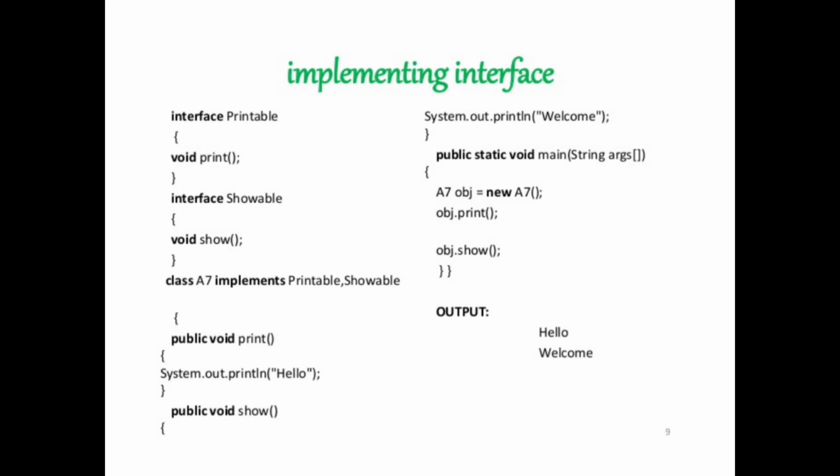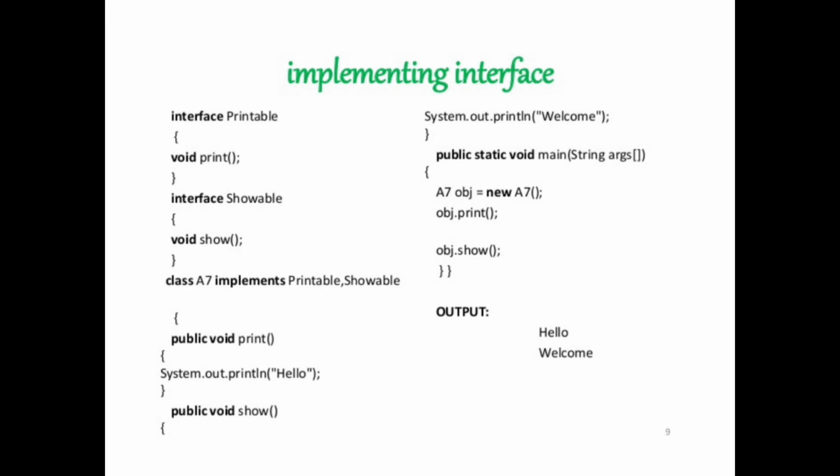So, implementing interfaces example. Here I am writing a program, and the interface name is Printable with one method, print. Another interface I am declaring is Showable, and its method is show, and these two interfaces are implemented in a class A7. So the class is A7 implements Printable, Showable. Both interfaces are separated by a comma.